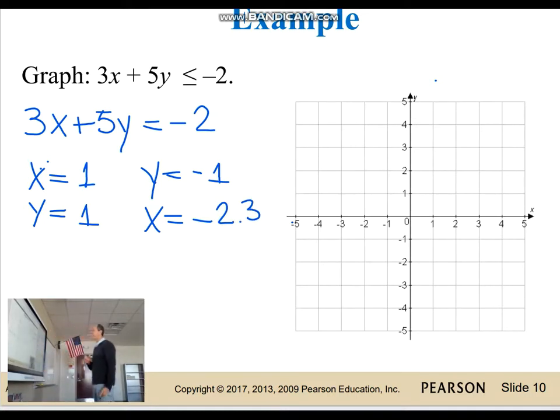So we can find the points. x equals 1, y equals -1, right here. And y equals 1, x equals -2.3 approximately, somewhere in here.